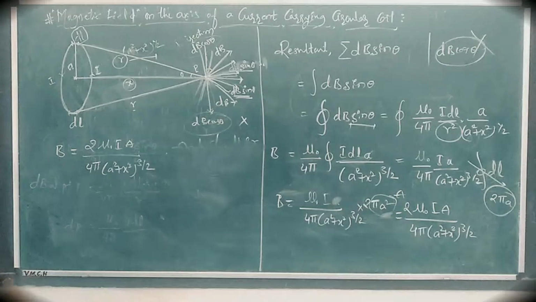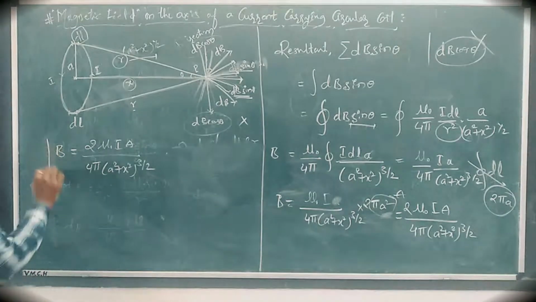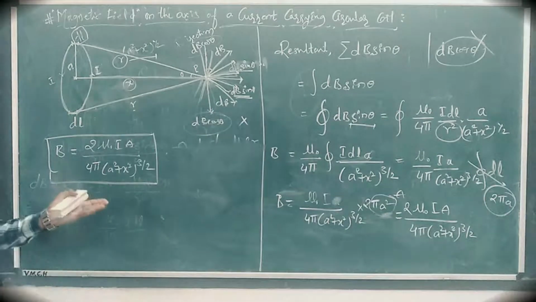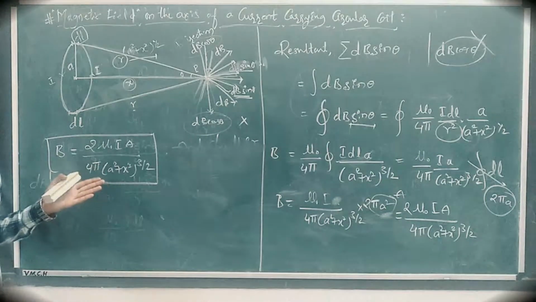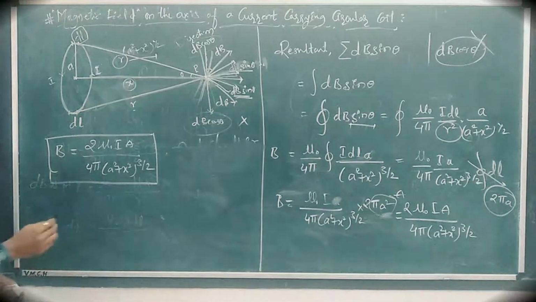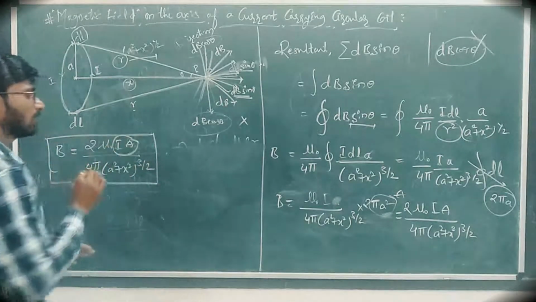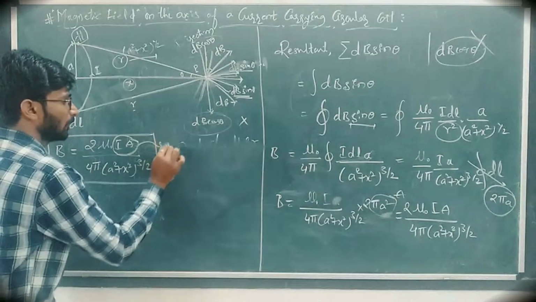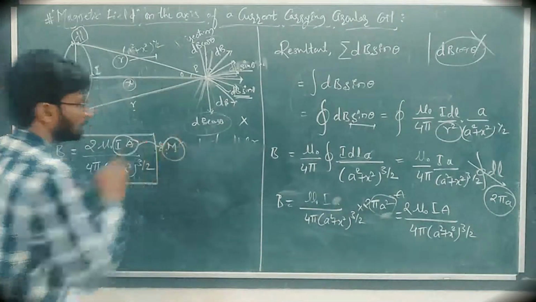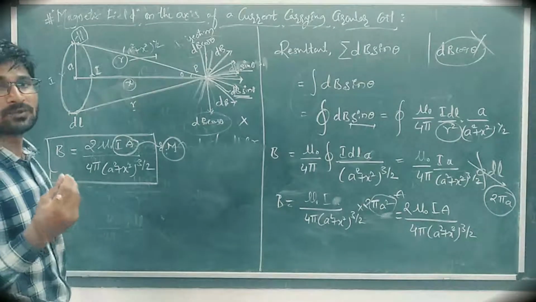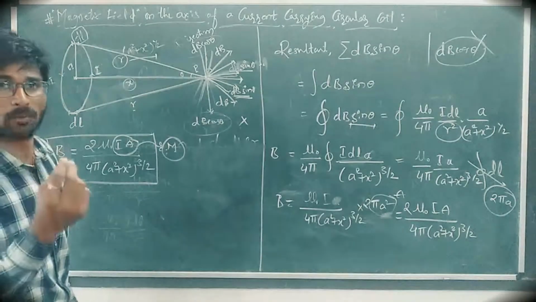Okay, and now this is the final expression of the magnetic field on the axis of a current carrying circular coil. Still I can modify this like this. I can write these two parameters as one parameter, that is m. What will that give you? That will give you the magnetic dipole moment.